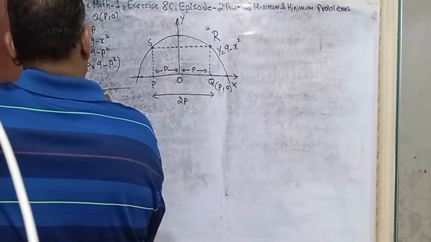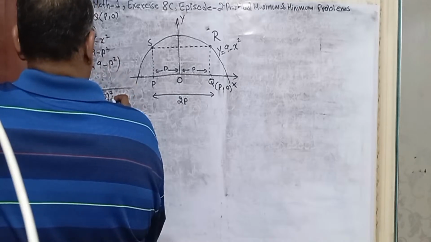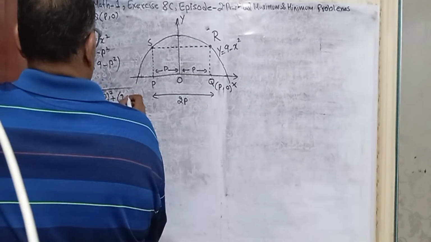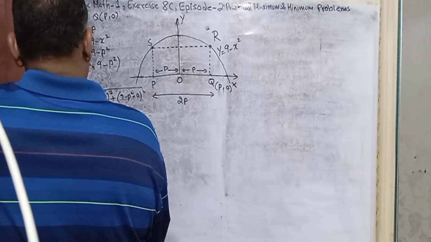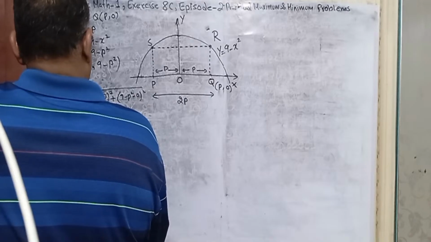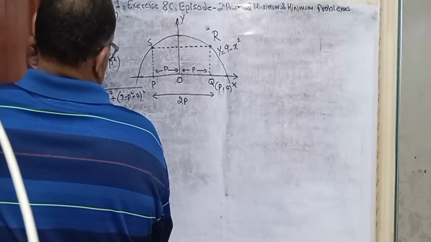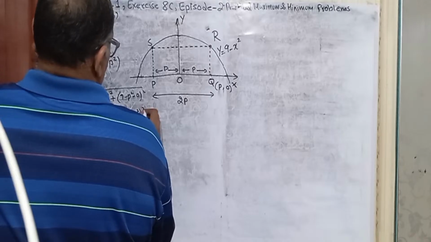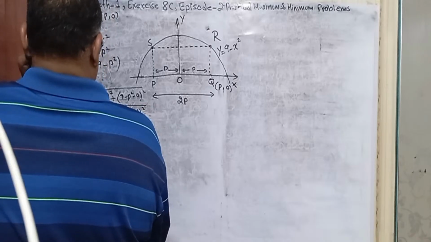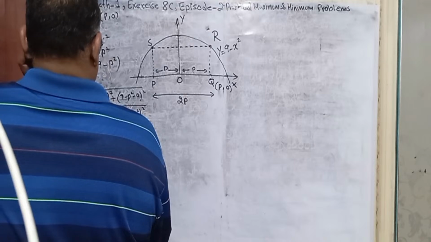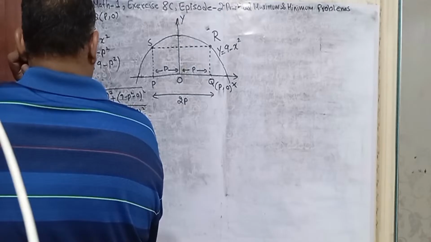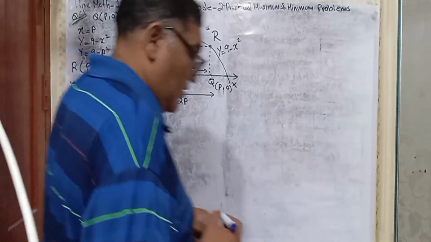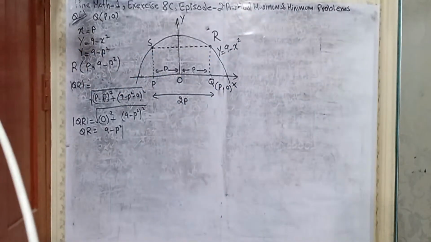So it is basically p minus p, and then you will have (9 minus p squared) whole squared. This is the answer which matches with your book. I changed the order.